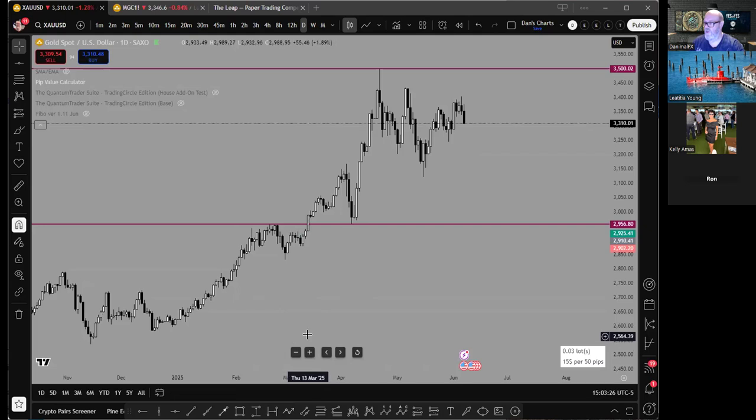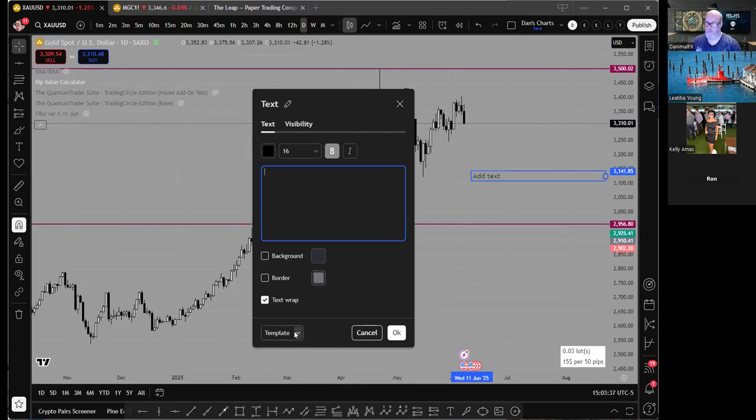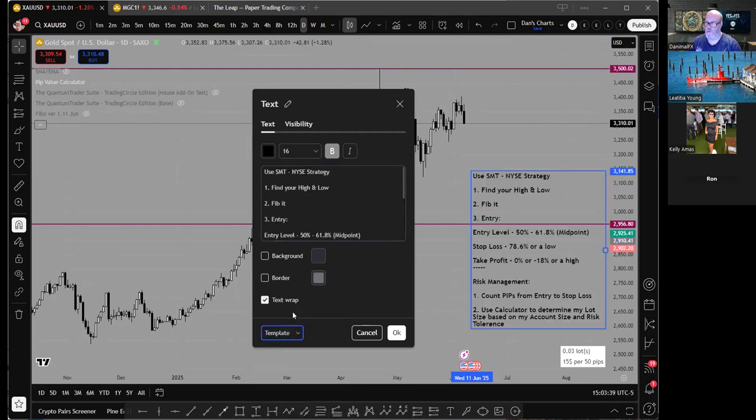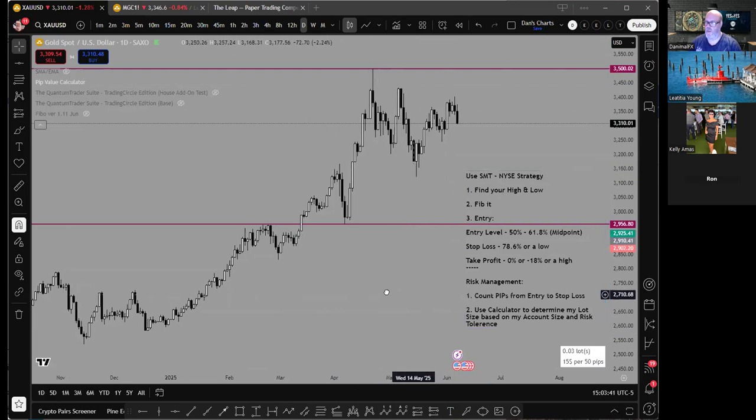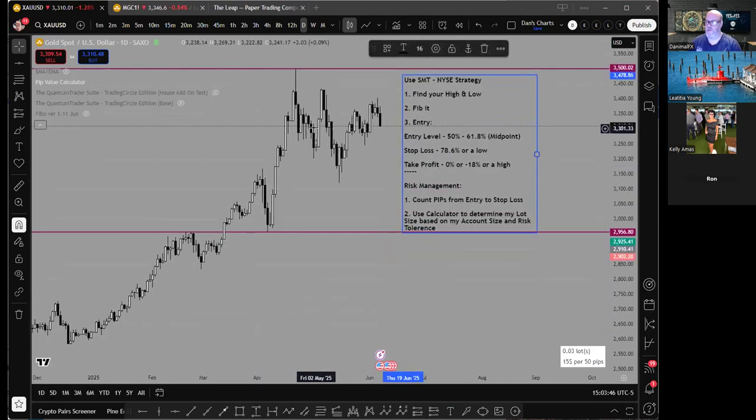Once you find your high and low, let me get my text box up here and it'll show it to you. It's pretty straightforward, pretty simple. We find our range, our high and low.